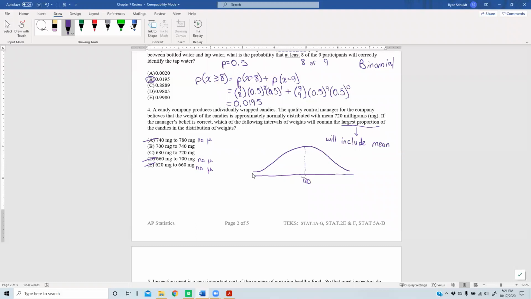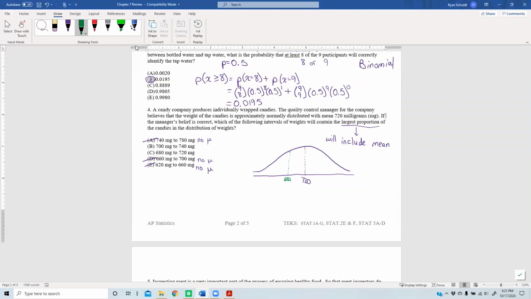Now let's think about this. 680, I don't know what the standard deviation is, but if I'm just willing to guess, 680 would be, let's just say right here. Let's say that's 680.